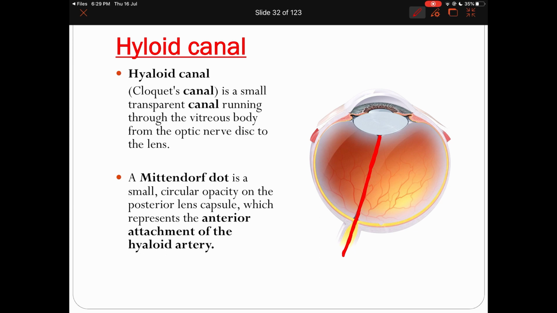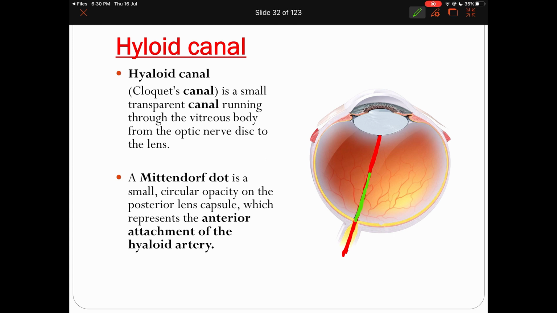Just like the cornea, aqueous humor is not yet produced in early embryonic development, so temporarily this artery will supply the lens also. But later, when the aqueous humor starts, this artery will obliterate, its distal portion obliterating right from here.